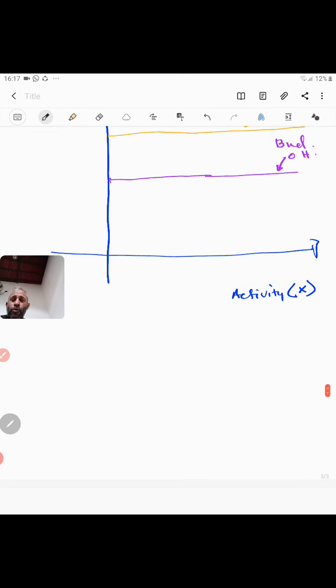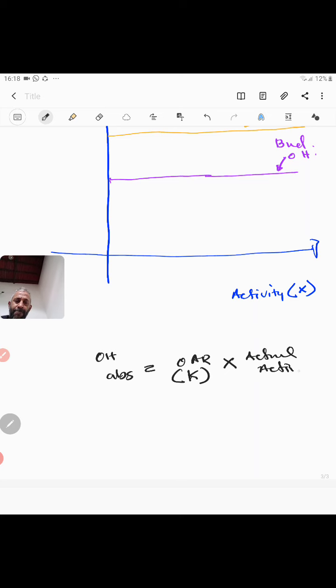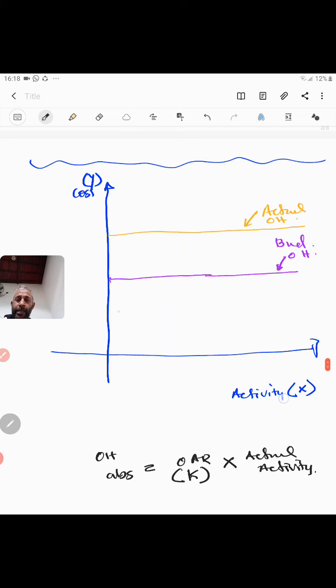Overhead absorbed, as you know, is equal to OAR, which is constant, we call it K, times actual activity. So, accordingly, a diagram of this manner will be drawn like that.